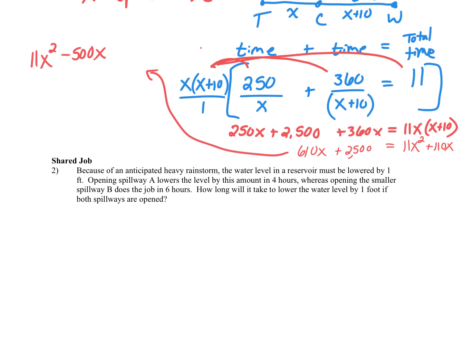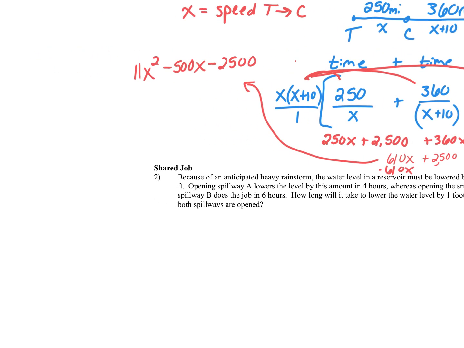Yeah, right, if you subtract the 610, 110 minus 610, and then it's minus 2,500. Right? I'm sorry, I had to move over. Subtract 610x from both sides, and subtract the 2,500 down here. So we get 0 equals 11x squared minus 500x minus 2,500.